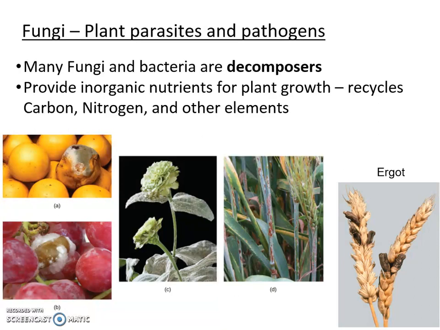The advantage to the environment is when a fungus is decomposing a dead plant or a dead animal, that is going to recycle the carbon and nitrogen and other elements back into the soil. So effectively, they are fertilizing and providing these inorganic nutrients so that the plants can continue to grow.